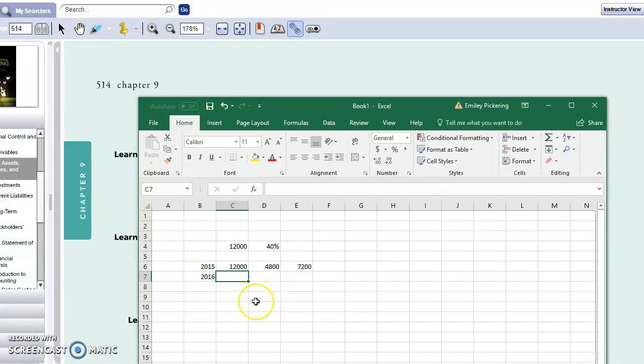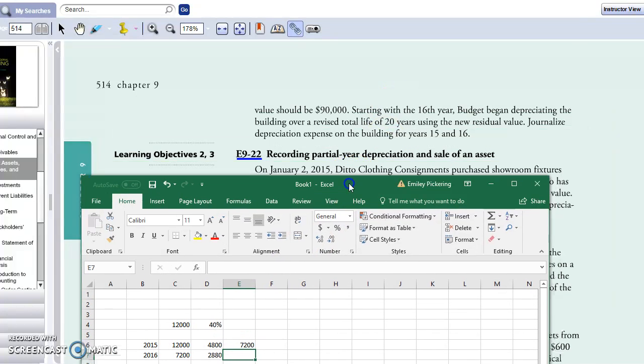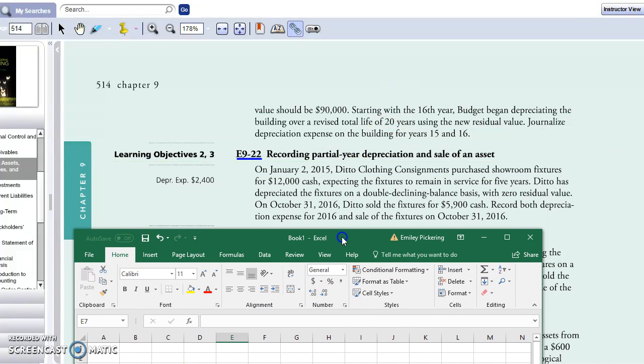Well, we need to depreciate it to the day that we actually go ahead and sell it. So if we were going to do a full year's worth of depreciation, it would be 2,880. Well, we sold it October 31st, so we don't have 12 months worth of depreciation.